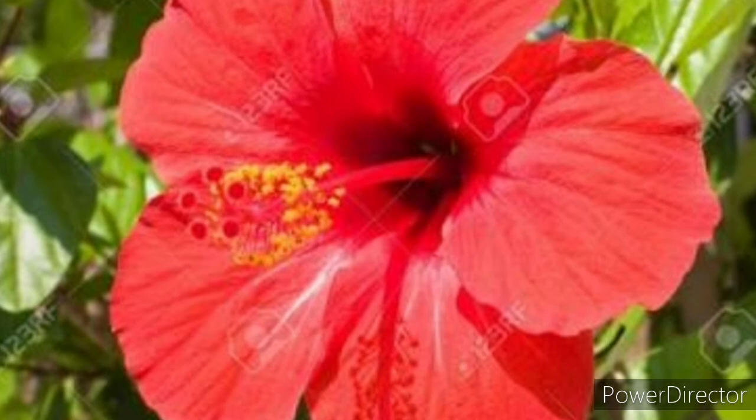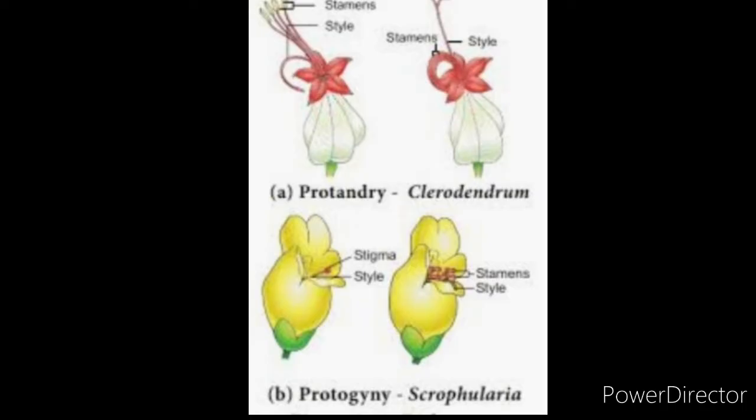In some species, pollen release and stigma receptivity are not synchronized. There is no unity between the maturation of the anther and the receiving of the pollen grains. Either the pollen is released before the stigma becomes receptive, or the stigma becomes receptive much before the release of pollen.